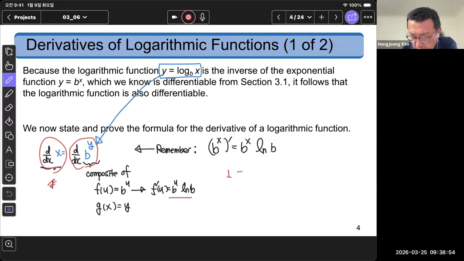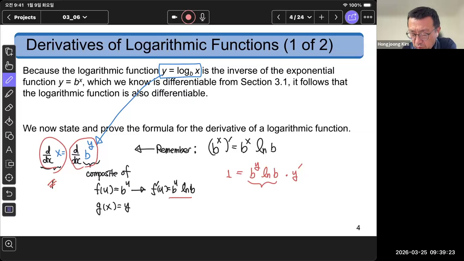So we get b to the y ln b. That is the derivative of the outer function evaluated at the inner function. Now that's not the end of the chain rule. You need to multiply by the derivative of the inner function. So y prime must be multiplied.